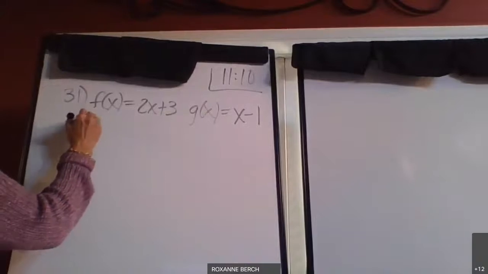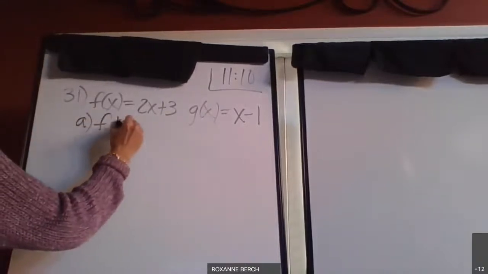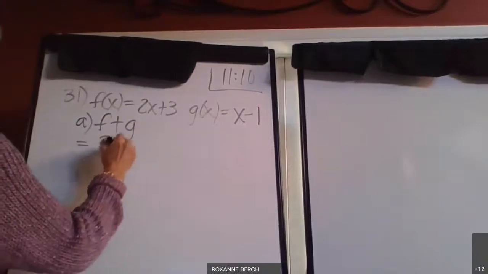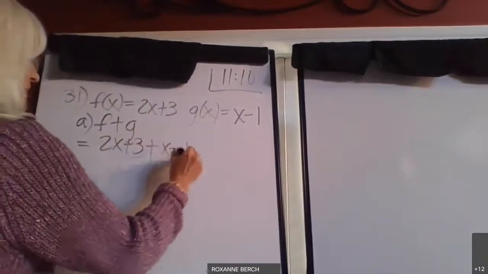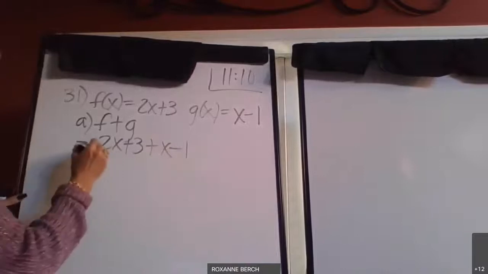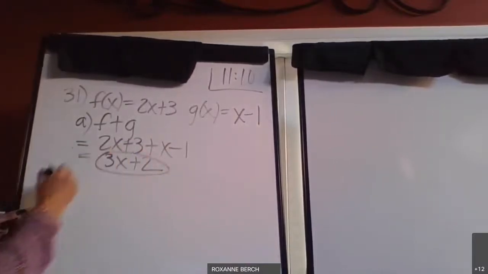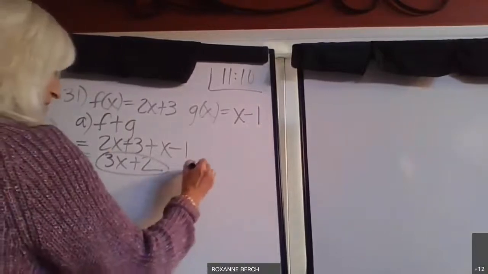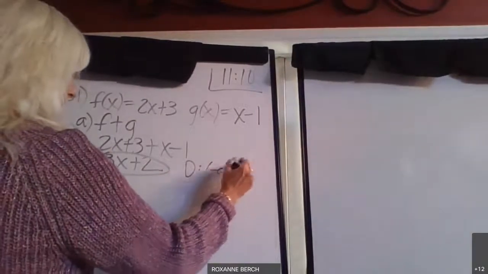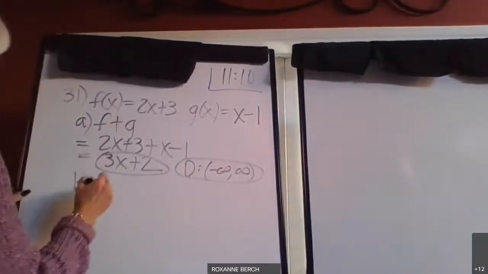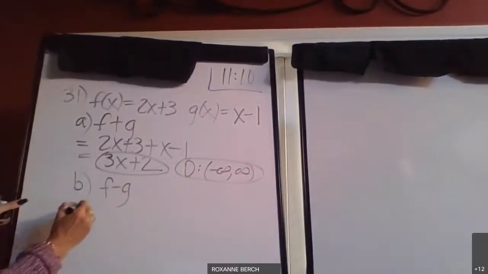All right, so the first thing you're going to do is add. So this would be 2x plus 3 plus x minus 1. So you get 3x plus 2. Okay, that is a line. So what is the domain? All real numbers. Okay, then you're taking f minus g.